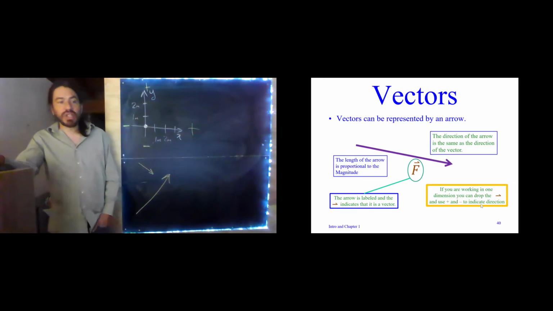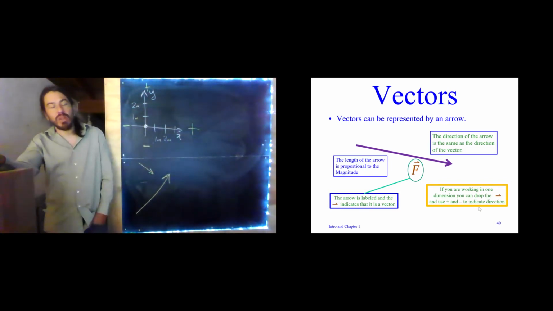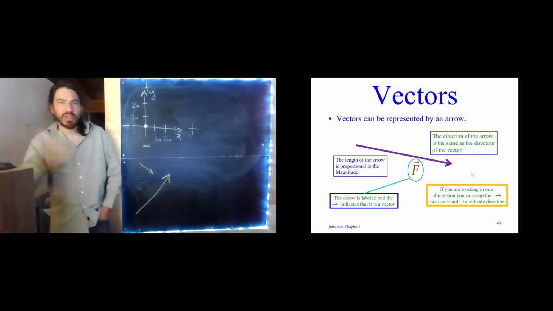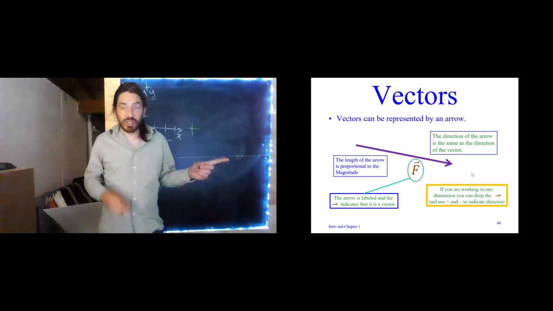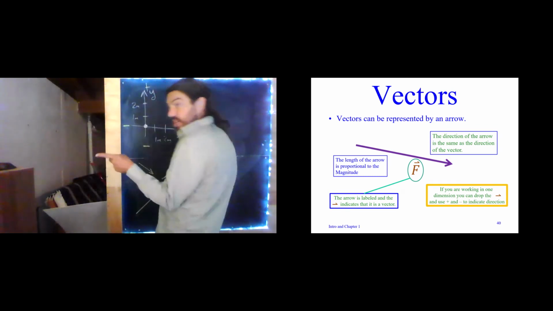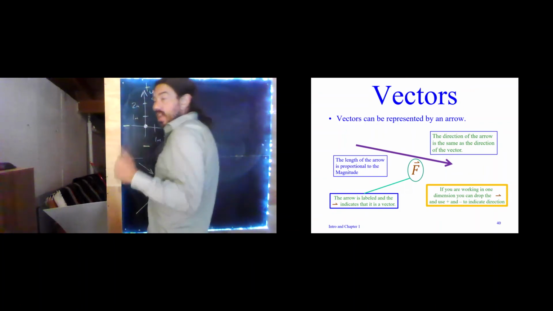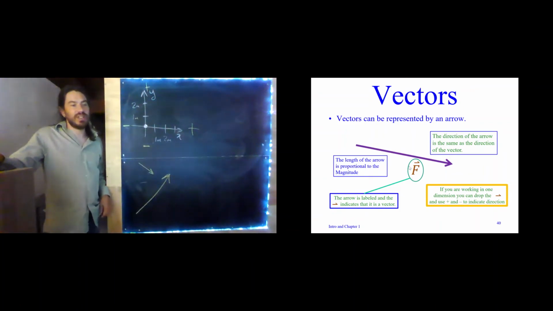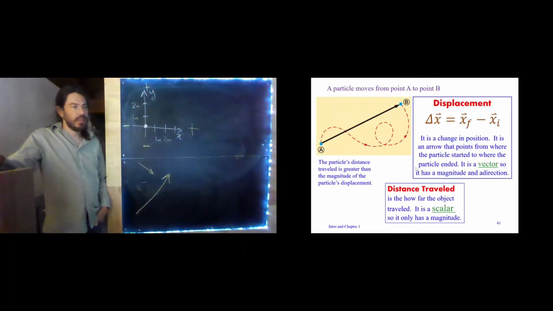If we are working in one dimension, we can drop the little arrow and use plus or minus to indicate direction. So, for example, if I know I'm on the x-axis, then my two choices are that direction or that direction. If it's in that direction, it's positive. If it's in that direction, it's negative. But it's all on the x-axis. And so, basically, if we are in one dimension, we can just drop this little vector sign and we're all good.